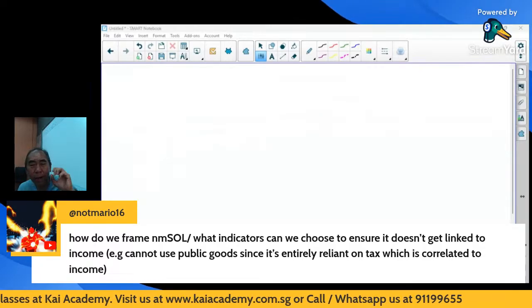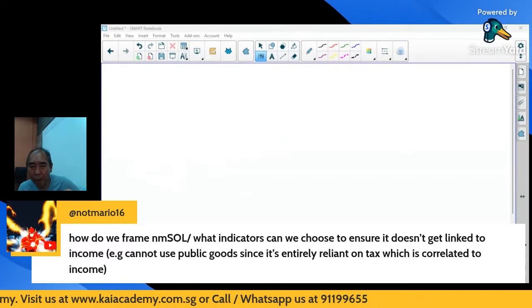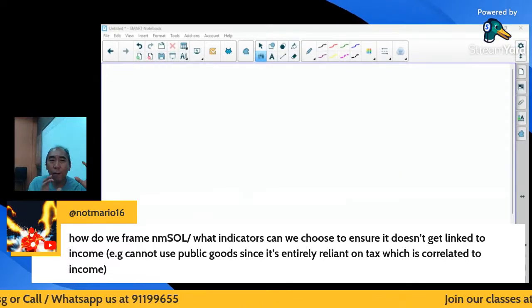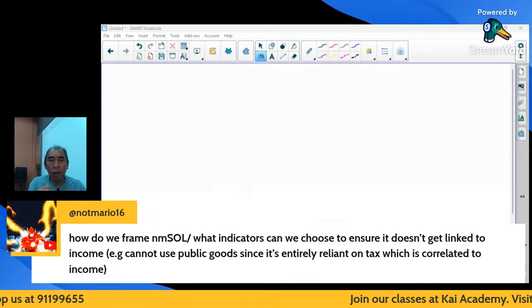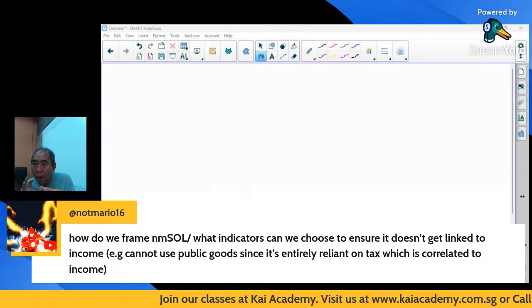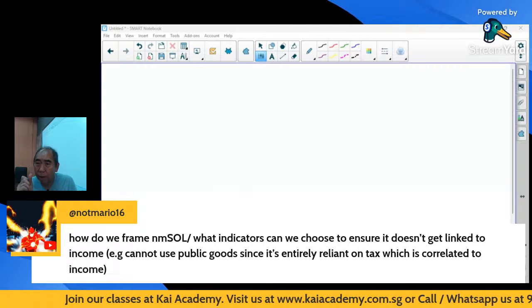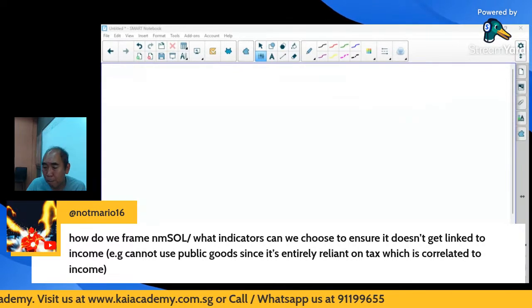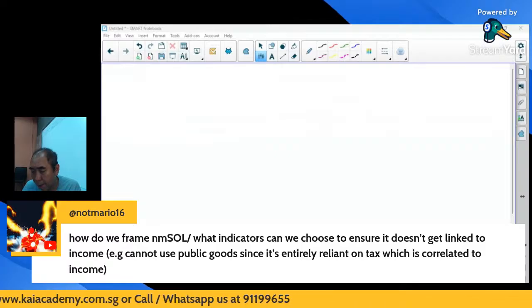For example, if you want to talk about quality of healthcare, you can measure healthcare outcome indicators, for instance life expectancy and infant mortality rate. These are the healthcare outcome indicators. But if you want to measure enabling factors, you can talk about the number of doctors per 10,000 people in the country.